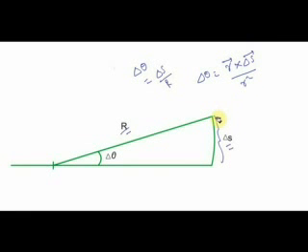Here the direction of the radius vector is radially outwards, so this is our R vector, and the direction of delta S is tangential to the arc. So if this is the arc, then the direction of delta S would be tangent to it, so it would be perpendicular to the radius vector. This is our delta S, and this angle is 90 degrees.